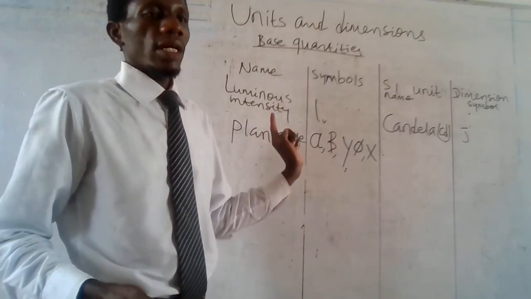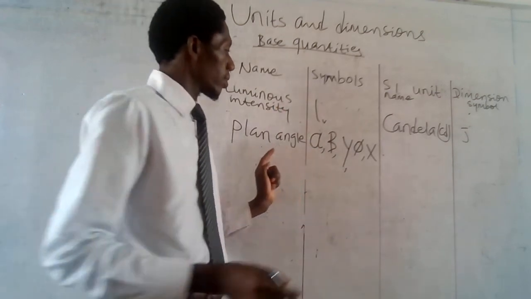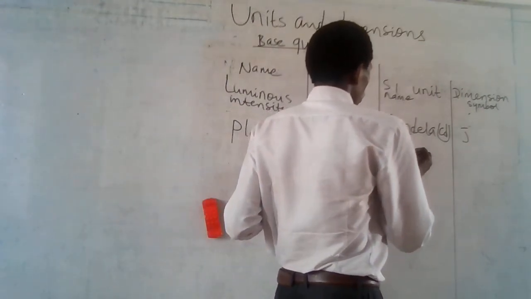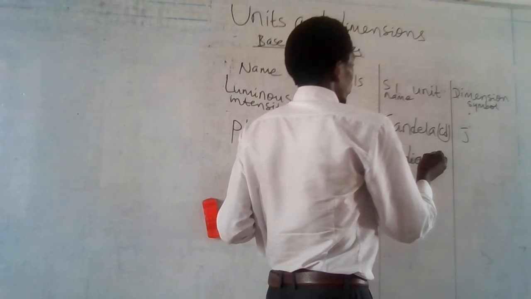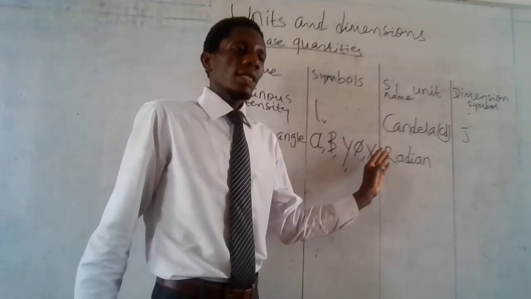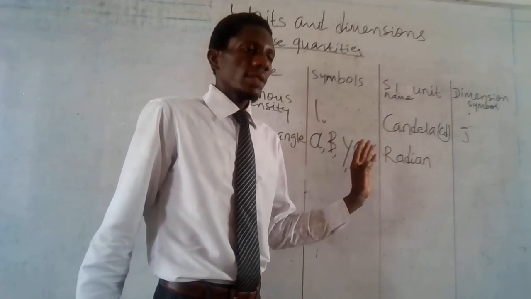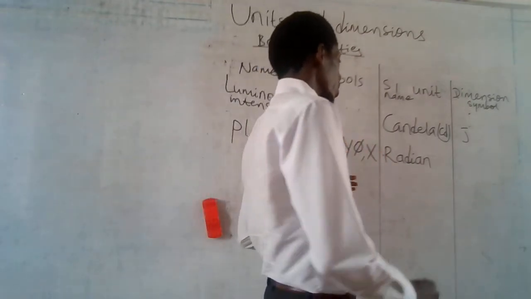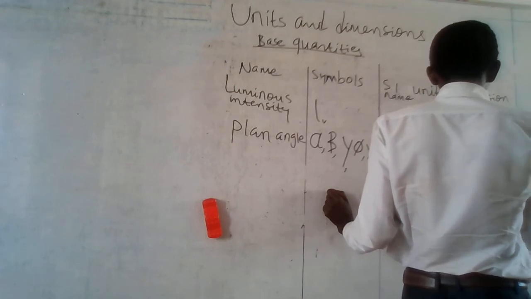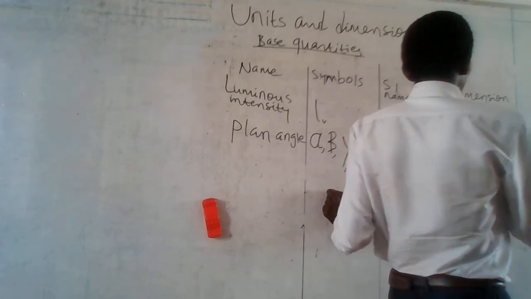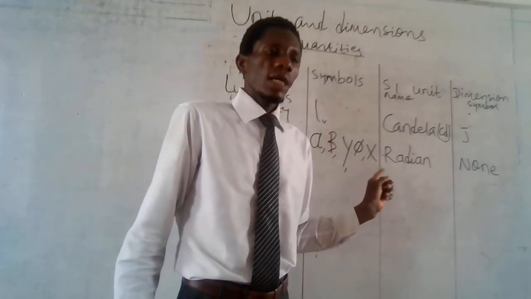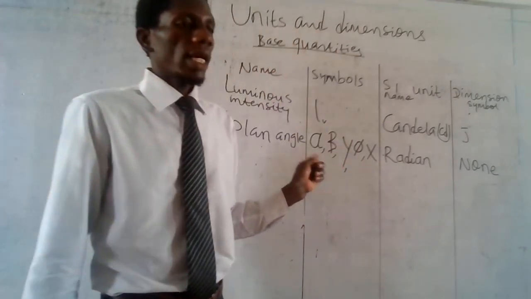It is measured in radian. We don't have a dimension symbol for plane angle.